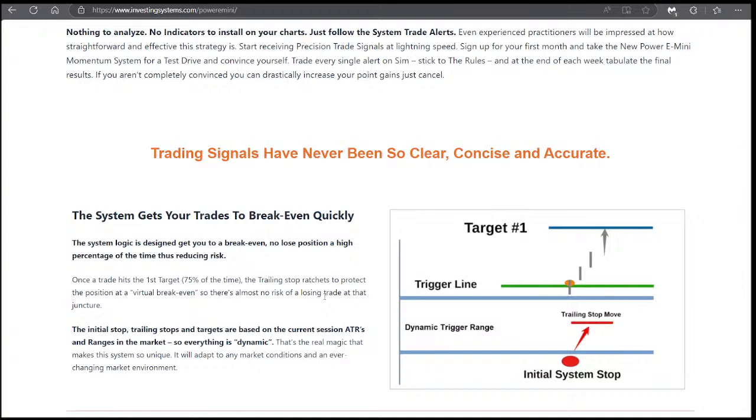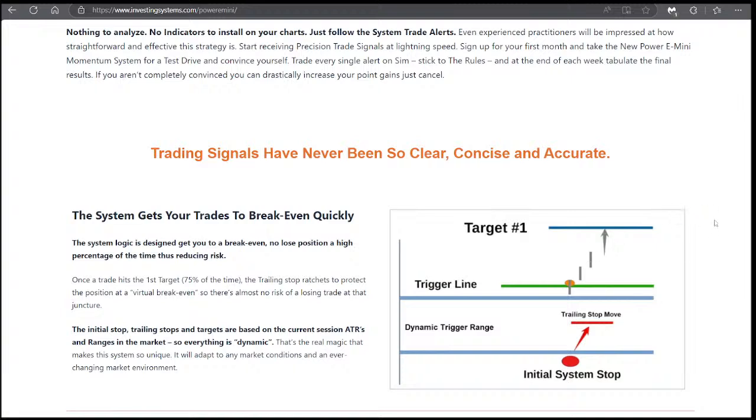Does that make sense? So the way it actually works is we say, okay, we want target one to have, say, a 70 to 75% hit rate. What distance can we calibrate it at so that we achieve that hit rate? That way, when we get to target one, like today, that's 4 points, so that's nothing to sneeze at.